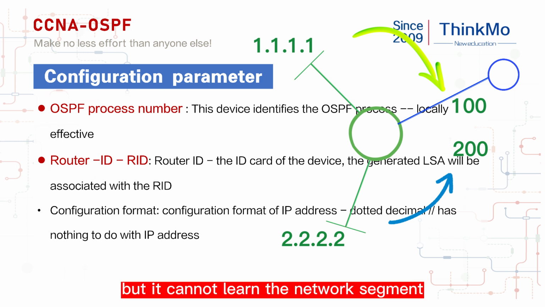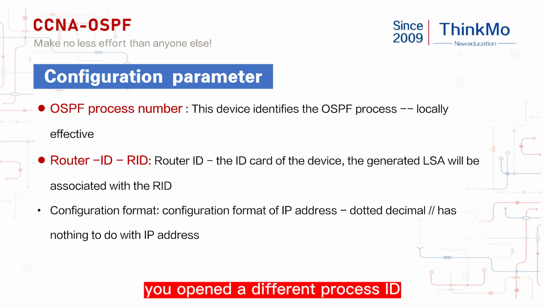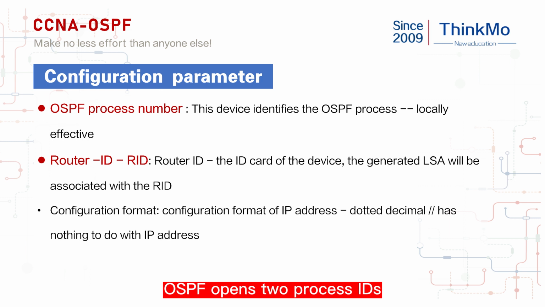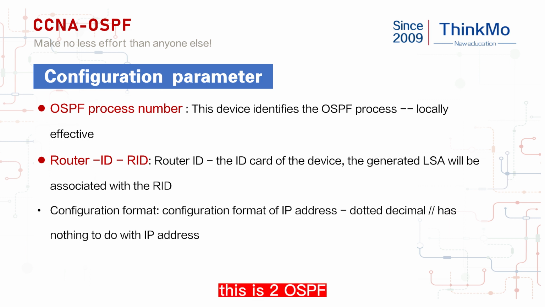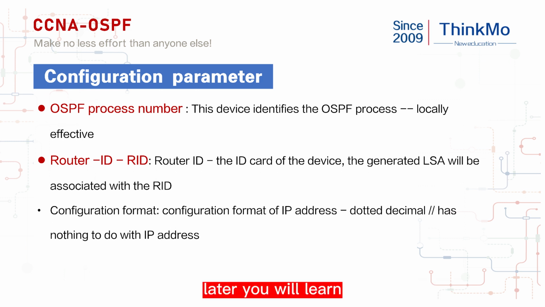But it cannot learn the network segment 2.2.2.2 you announced. Because the processes are isolated. You opened a different process ID. It is equivalent to multiple OSPF. OSPF opens two process IDs. This is two OSPF. The contents of each other are non-overlapping. Later you will learn.